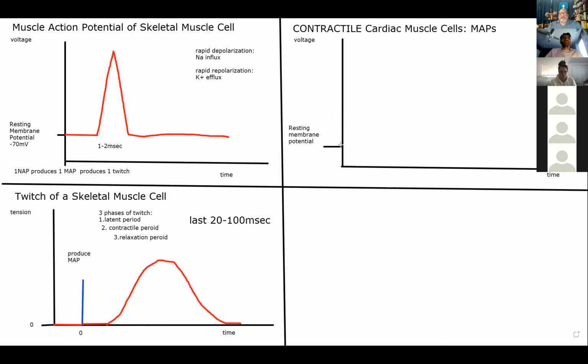Turns out, no, that is definitely a good guess, but it turns out, no. If you leave this cell alone in a petri dish, much like our skeletal muscle cell, it will happily sit at its resting membrane potential forever. Much like a skeletal muscle cell, which when stimulated contracts and produces tension, our contractile cardiac muscle cells only contract when stimulated.